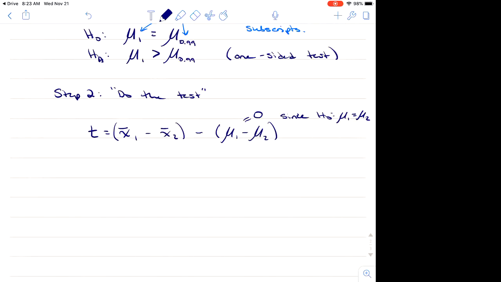And we always do our testing assuming that the null hypothesis is true. So if mu1 is equal to mu2, then that's always going to be 0. That's why it's not even on your formula sheet. I tried to make it the least crowded it had to be. All over the square root of S1 squared over N1 plus S2 squared over N2.